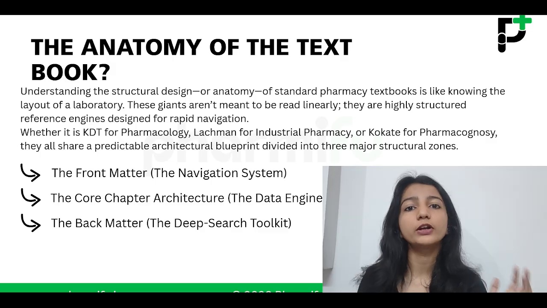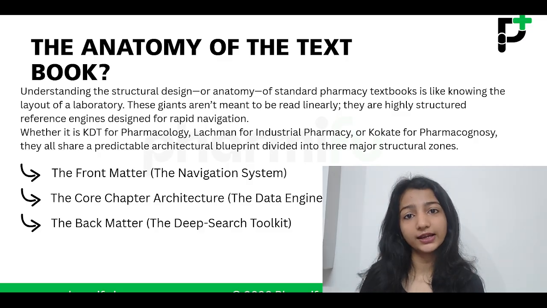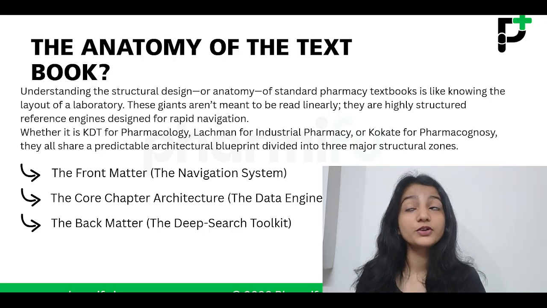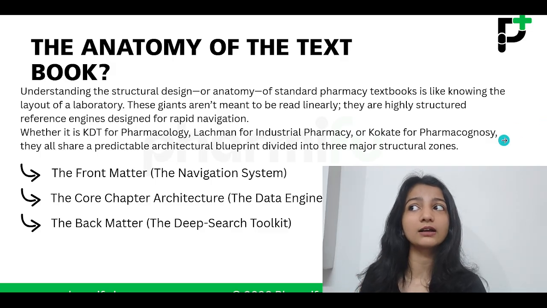For example, in front you can see the preface, contents, and so on. But at the back of the pages, you will find the bibliography, the references from where the text of the book has been drawn, and also the index, which helps us study more precisely and makes our study and research more meaningful.